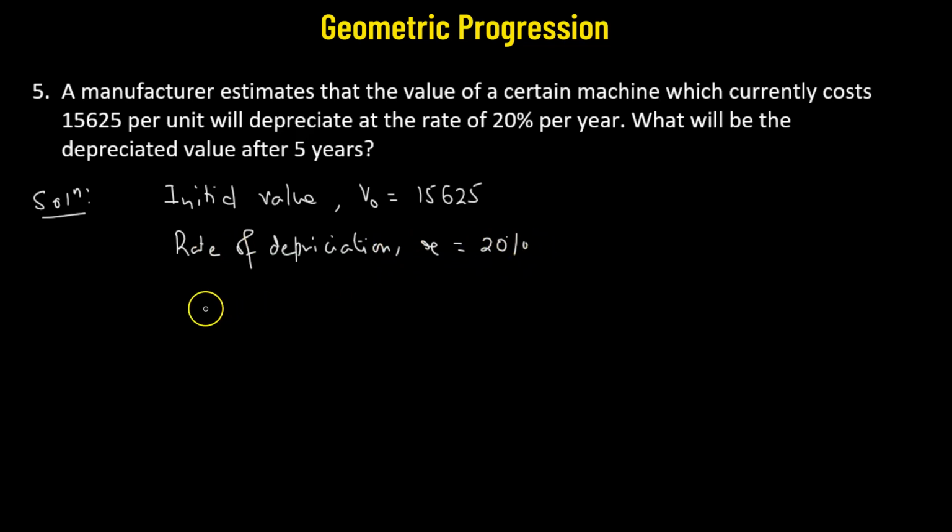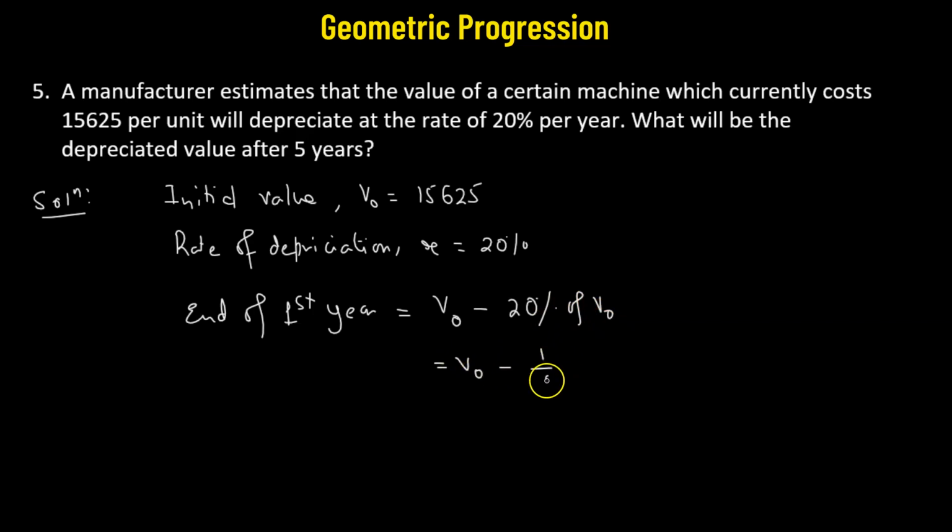Now, what will be the depreciated value after the end of the first year? It started out with V0, then it is going to get depreciated. So we subtract 20% of V0 from it, which will be V0 minus 1/5 of V0, or simply V0 multiplied by 1 minus 1 over 5.